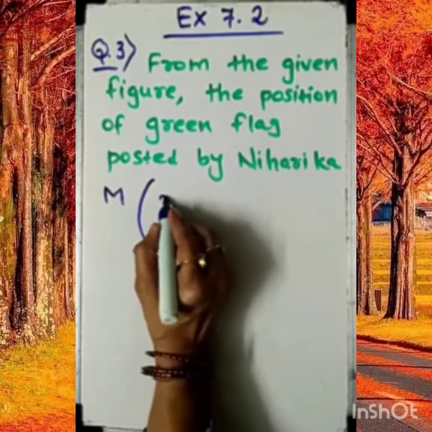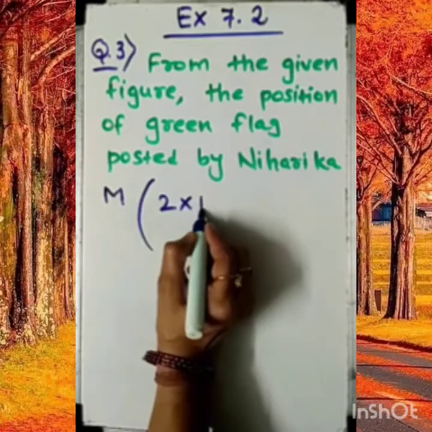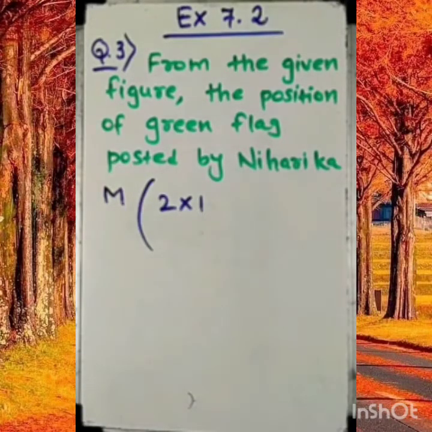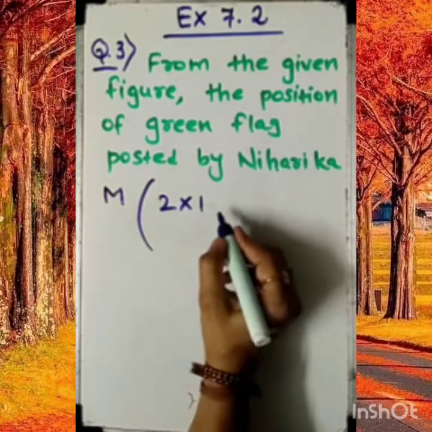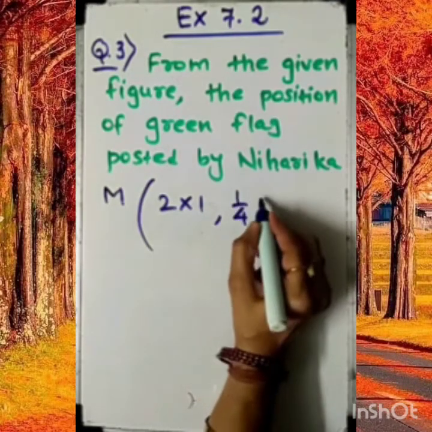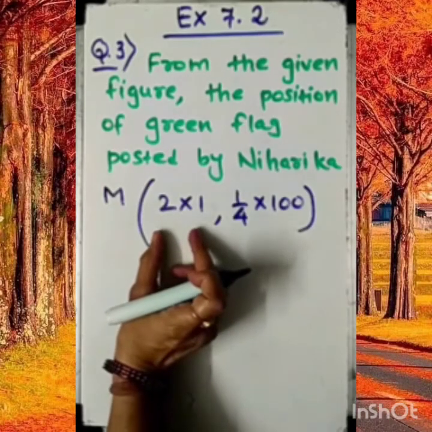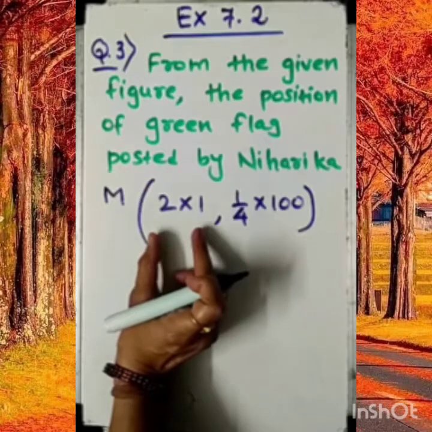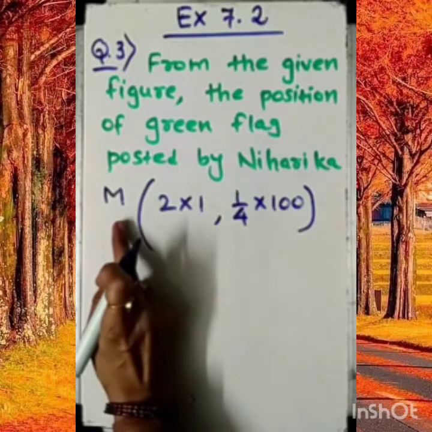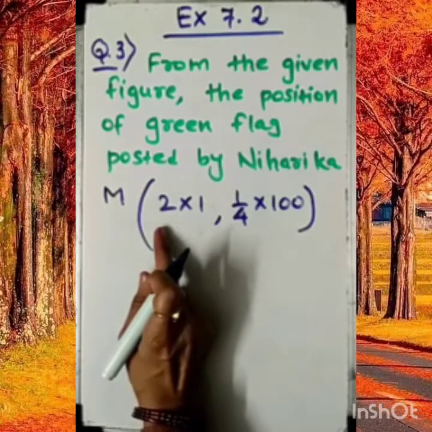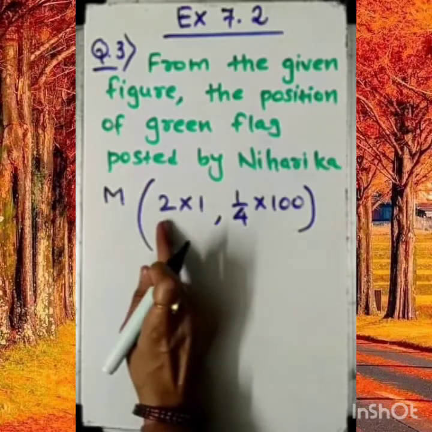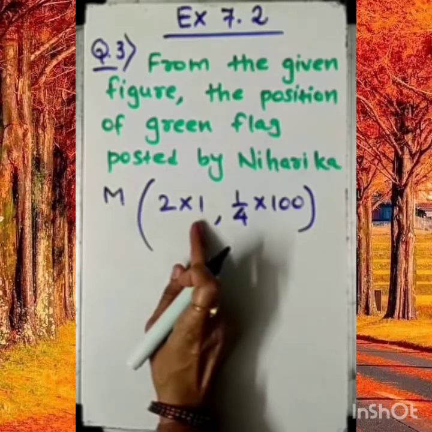As we know, it is 2 on the x-axis. It is clearly mentioned in the question: 2 into 1, and 1/4 of the 100. You can see her position. If you see the figure, the position of Niharika we can decide as point M. On the x-axis you will find 2 into 1, that is 2.